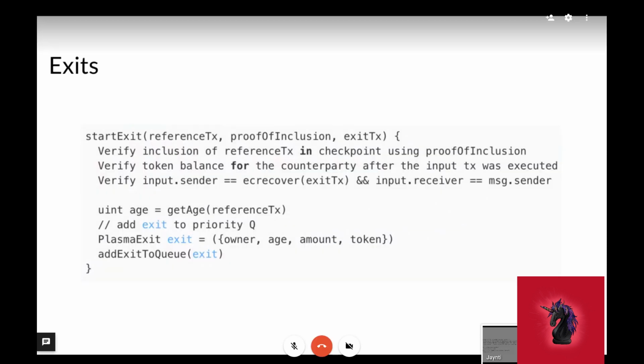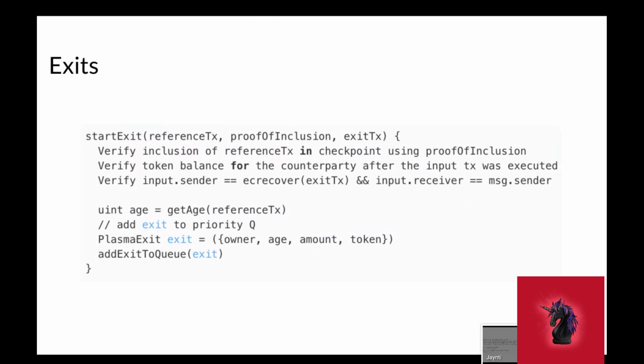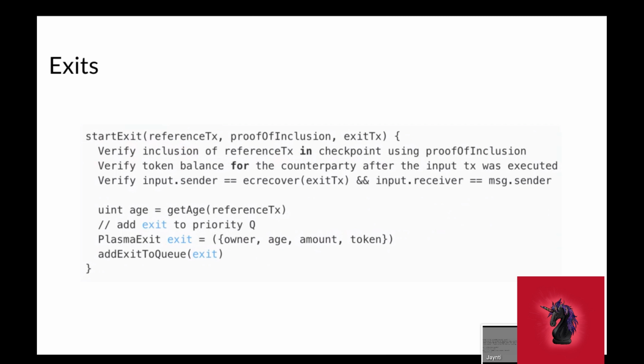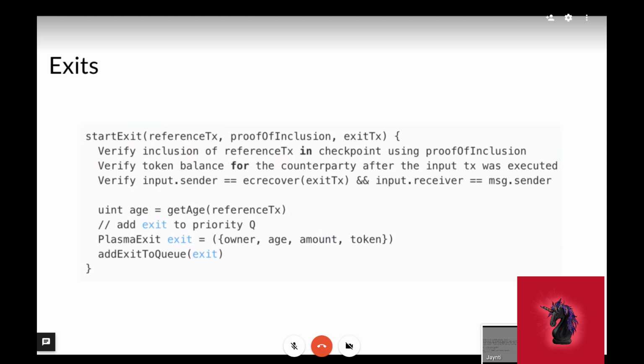If you see in this code, we have three different transactions and proofs of inclusion here. So the size and gas fees when you exit are a little bit higher than in other Plasma implementations, but we made that trade-off to make sure our usability on the sidechain remains good, instead of when you exit.